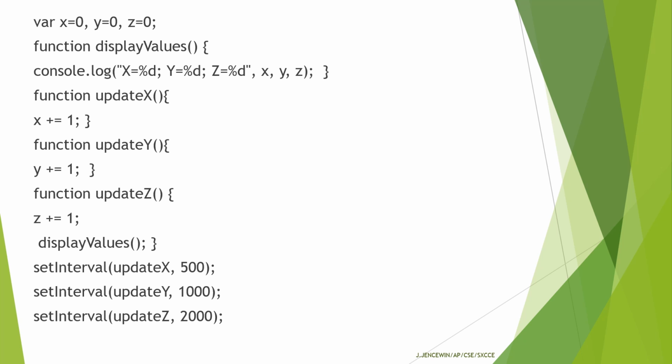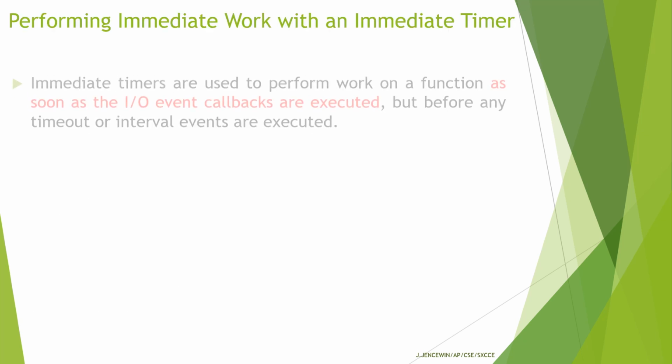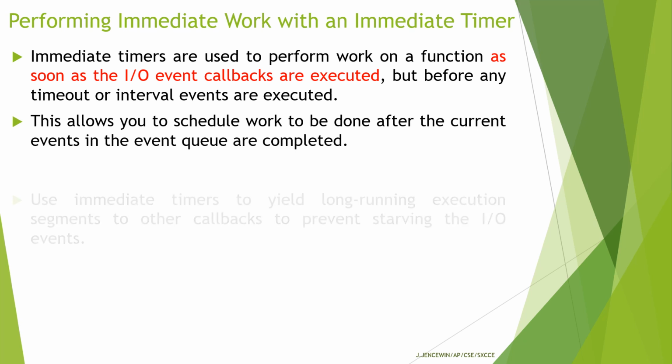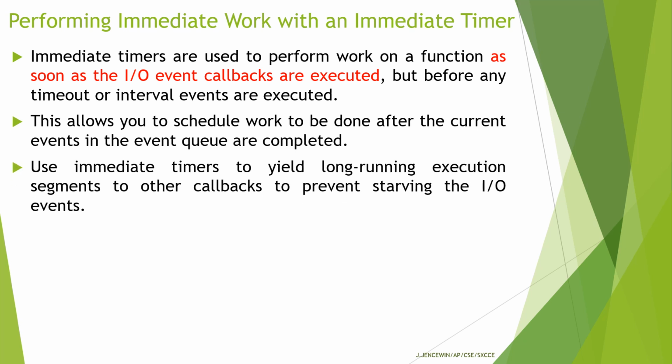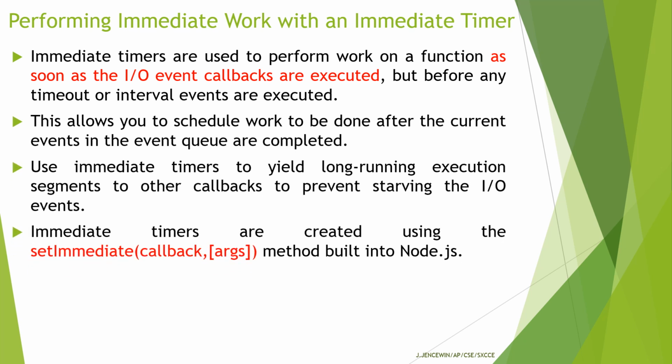First one is using setTimeout, the second one is setInterval, and the third one is using the immediate timer. Immediate timers are used to perform work on a function as soon as IO event callbacks are executed. So after the IO event, this will get executed, but before any timeout or interval events are executed.